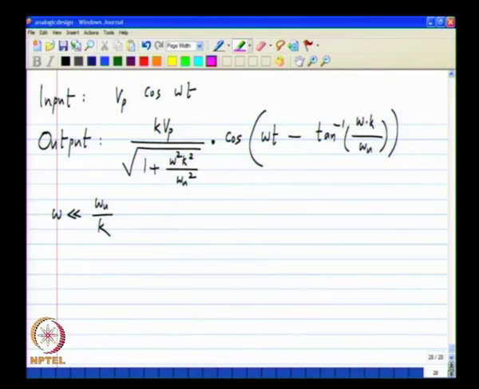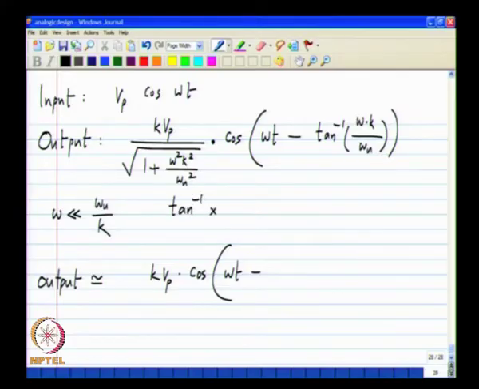In this range of frequencies the output can be approximated by kVp, because the second term under the square root in the denominator is much smaller than 1, and the angle can be approximated by, we know that for very small values of the argument, tan inverse x approximately equals x.